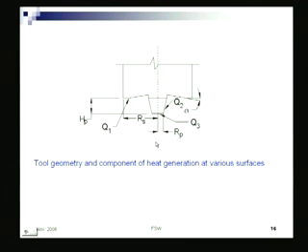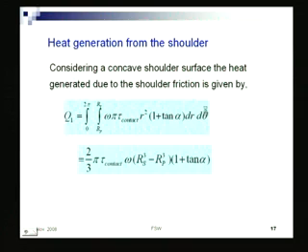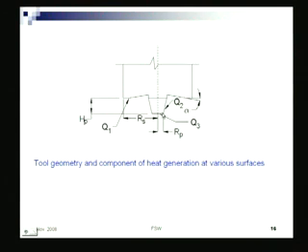This geometry you have already seen. This angle, this alpha, is barely around 2 to 3 degrees. Anyway, these are some of the things. It essentially depends on the heat generation, because you see the heat is generated from 3 surfaces.